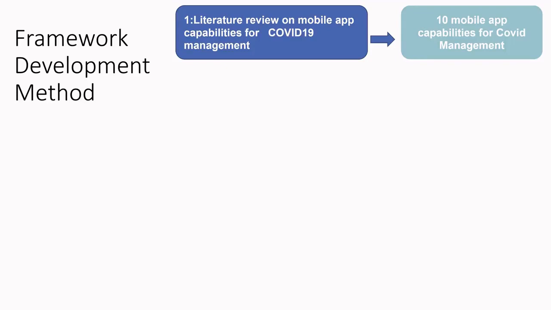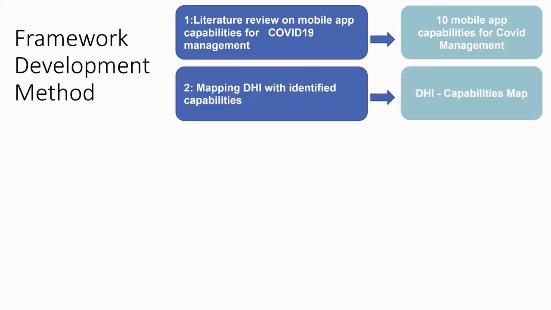Out of the 10, planning management and knowledge management are supportive of healthcare providers. But with this framework, we are mainly targeting the end users, that is the general public. So we omitted those 2 capabilities, and we are focusing on the other 8 capabilities to support using the mobile app.